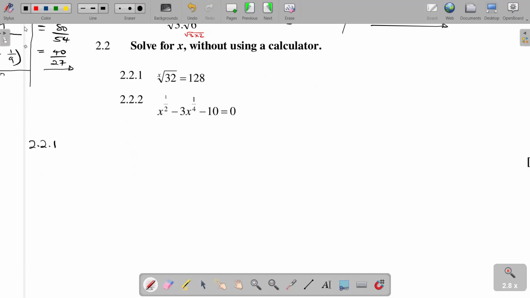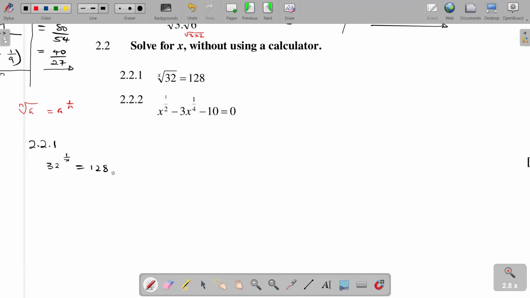We have to know that the nth root of a is equal to a to the exponent of 1 over n. So that can be written as 32 to the power 1 over x must be equal to 128.